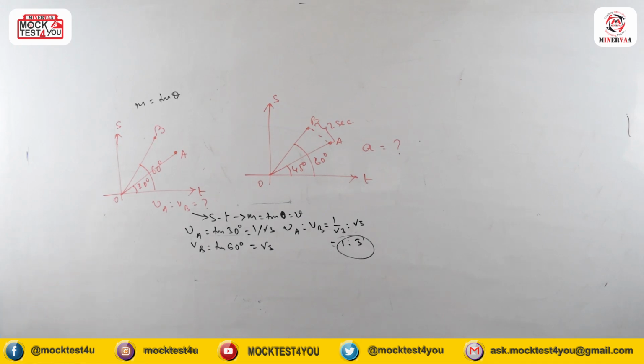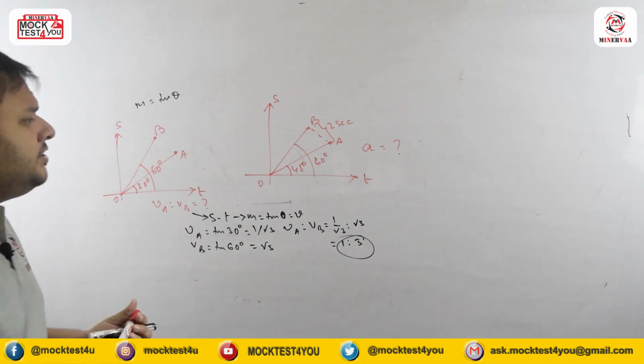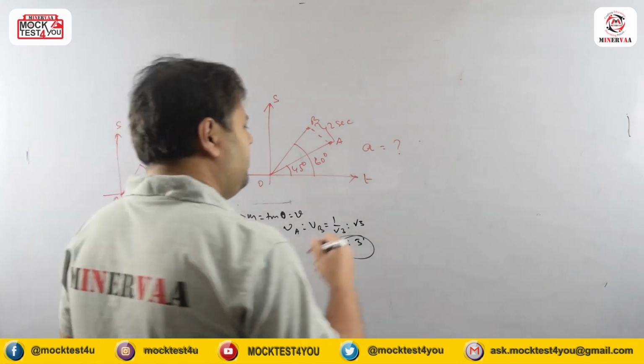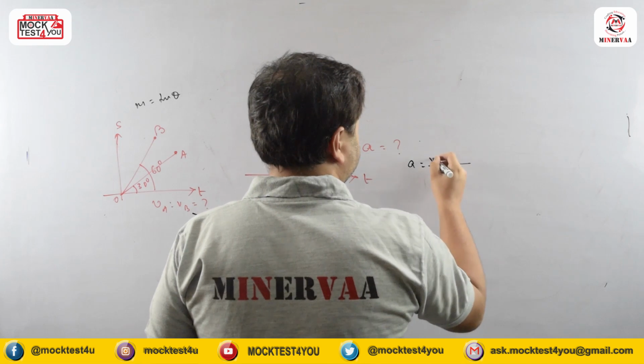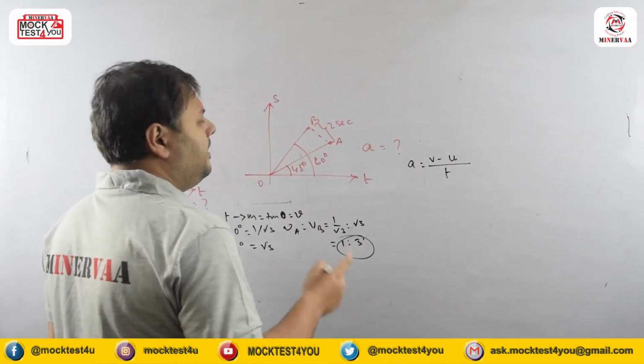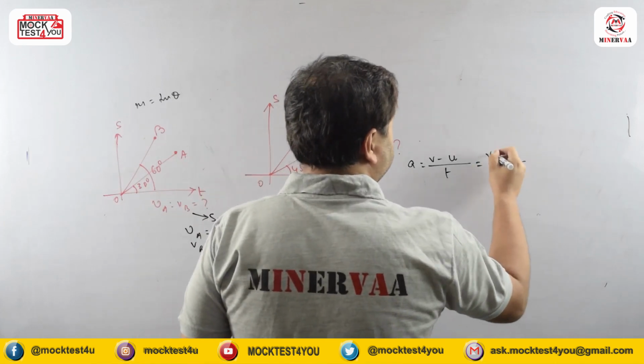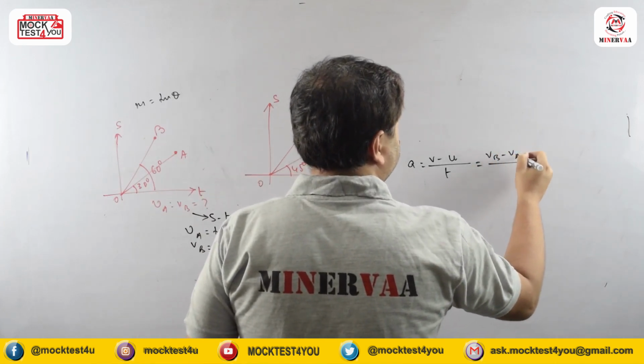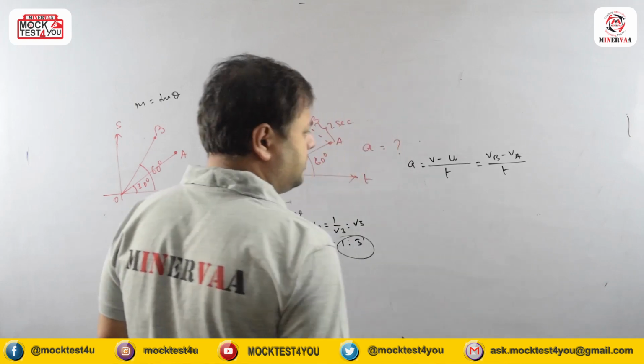And how can we find the acceleration? We all know there is a formula for acceleration, which is final velocity minus initial velocity by time. Here the final velocity is VB, the initial velocity is VA, by time.